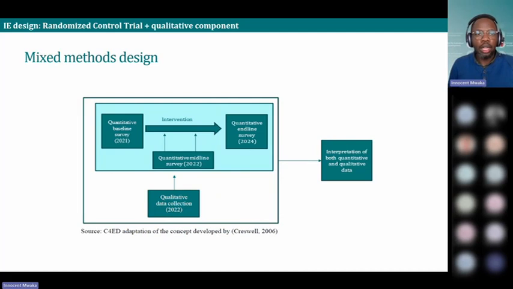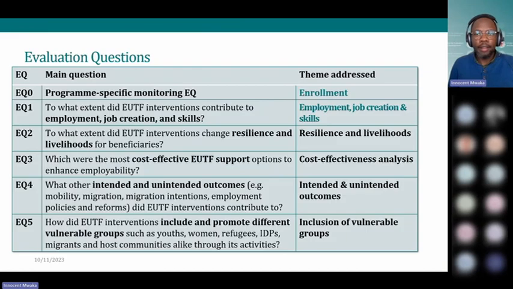2024. And within this, qualitative data has also been collected to complement the quantitative. And this is what I want to show you. Maybe let us say we had different evaluation questions.